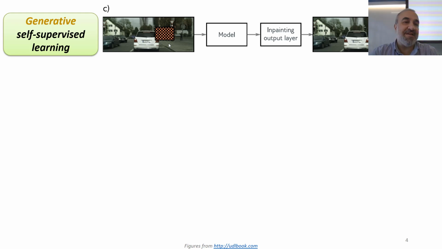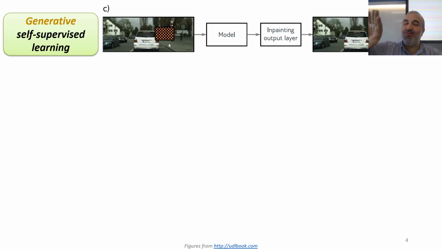Yeah, exactly. And that's called generative self-supervised learning. Why? Because the model now is trained to generate what is missing, generate something that is completing the example that is given. Why would we do that? What's the benefit of having such a model?